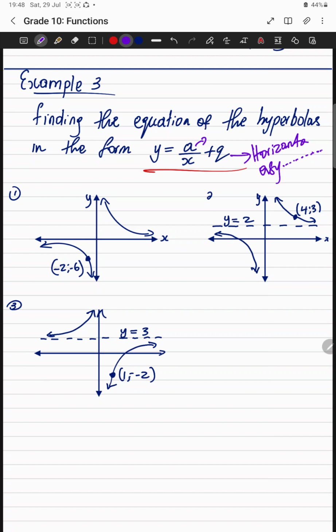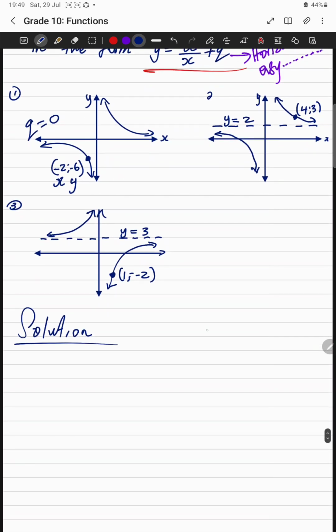Now let's take a look at the first part. In the first one, we've got a point on the graph, which is -2 for x and -6 for y. If you do not see any horizontal dotted lines, you must know that it's quite likely that the value of q in this graph is 0. So how do we go about solving this one?